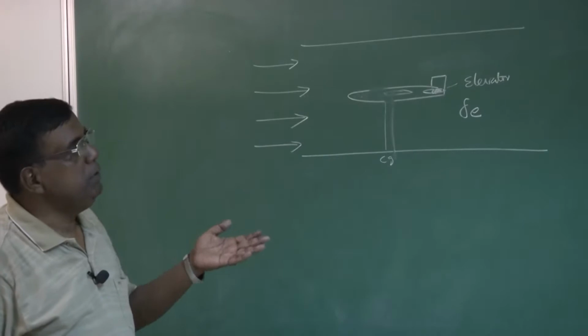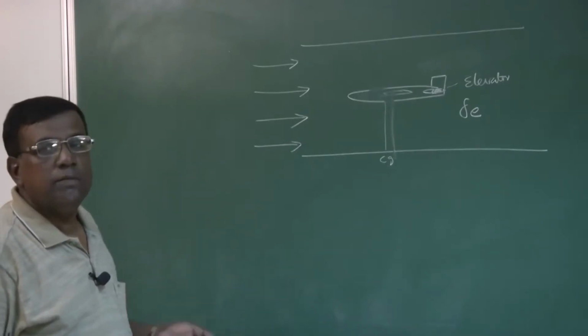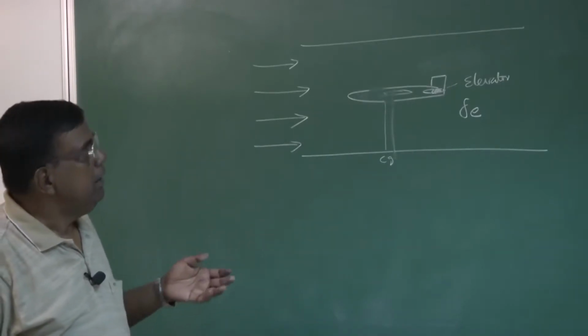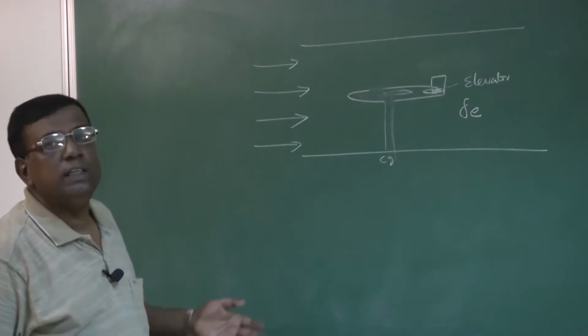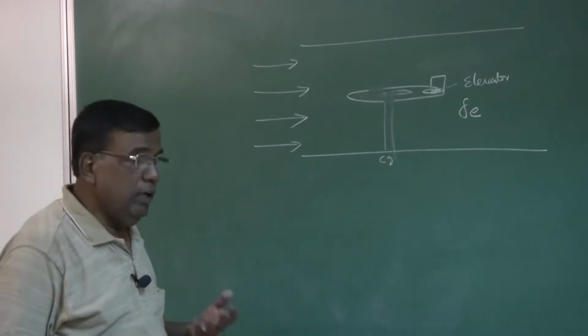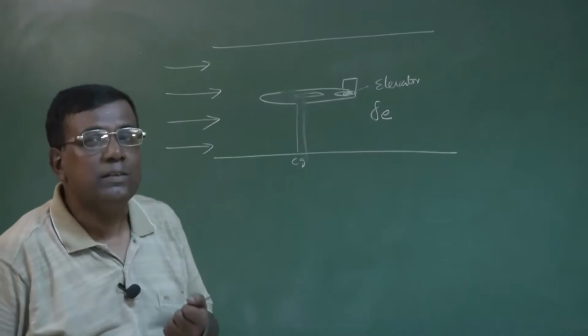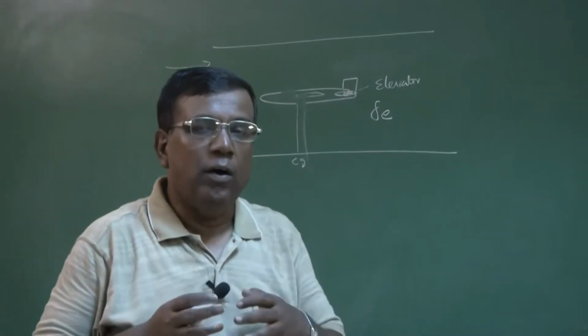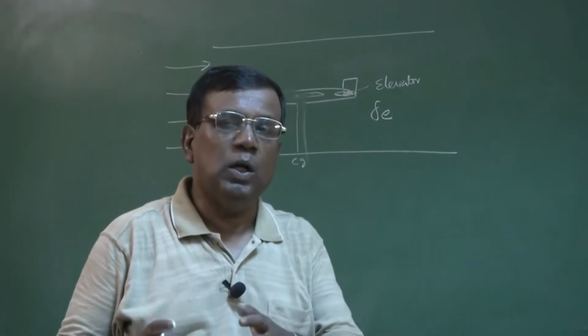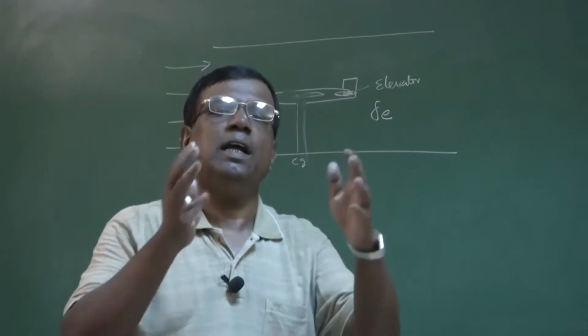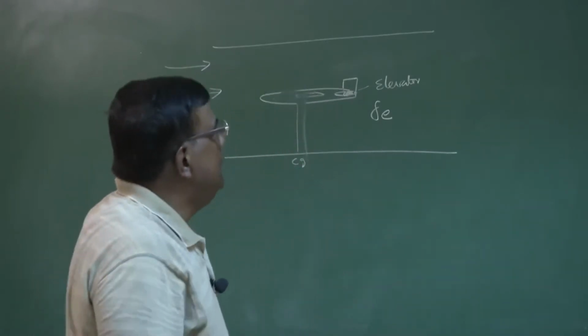And I would like to use whatever you have understood for a mass spring damper system. Can I use those things directly or not? And when you are using it, what more understanding is required, which will make our life easier to transform the knowledge of a mass spring damper system to an aircraft system, right?